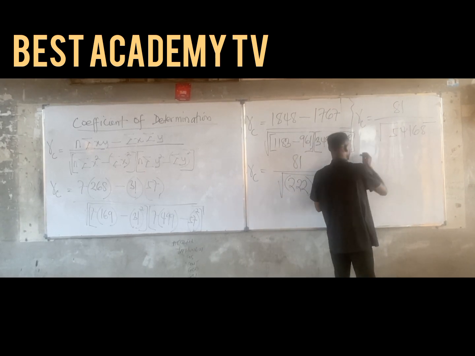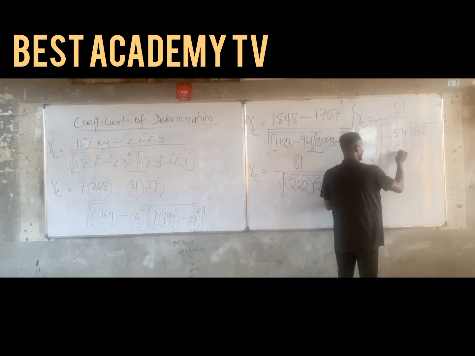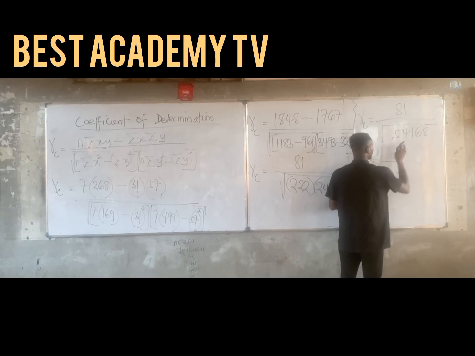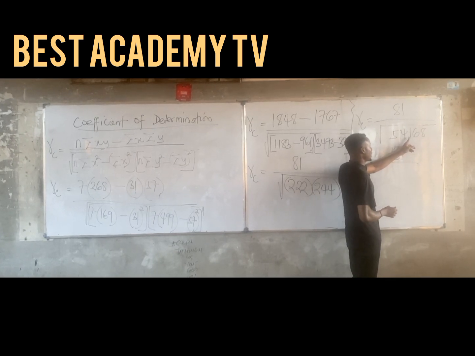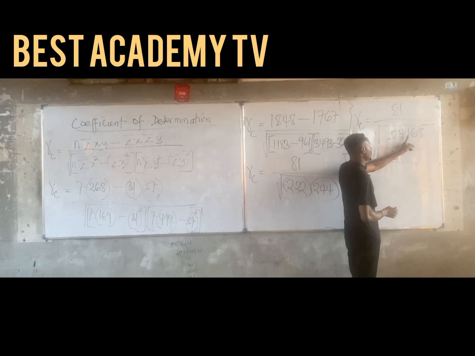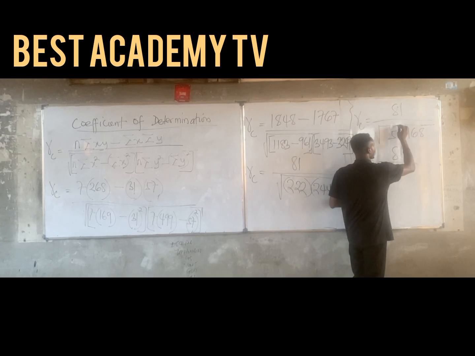Now square root of this will be this. That is 81 over square root of 54168.